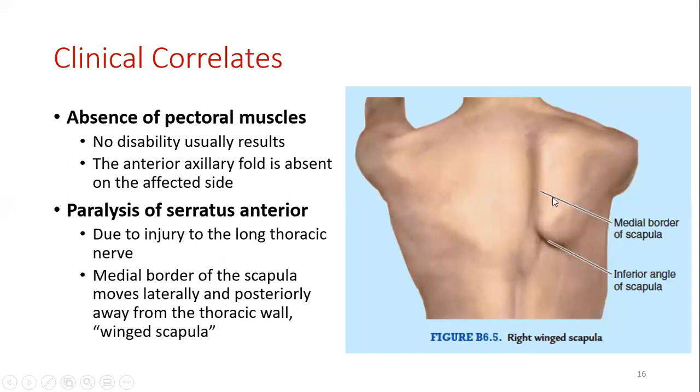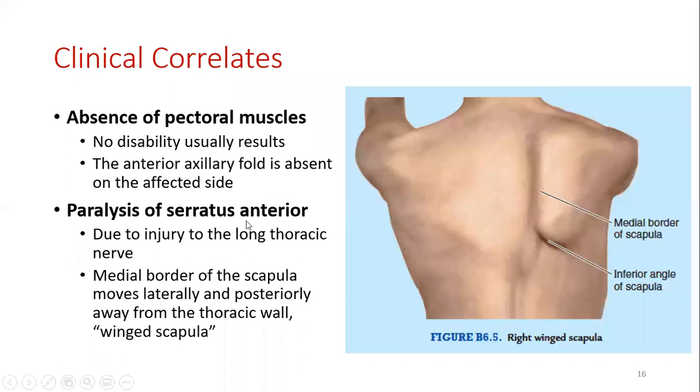This is winged scapula. Your serratus anterior muscle is innervated by your long thoracic nerve. Recall that long thoracic nerve takes fibers from C5, C6, C7. The mnemonic we use to remember this is C5, C6, C7, wings to heaven for winged scapula. Your serratus anterior helps to hold your scapula to the posterior chest wall.